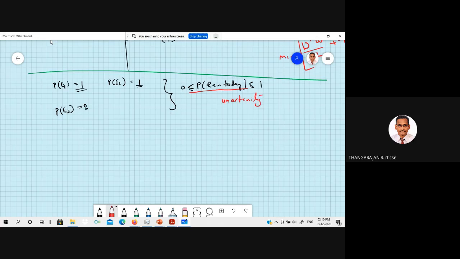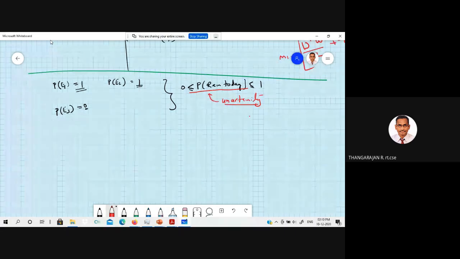We always talk about uncertainty. So how do you measure uncertainty? We measure uncertainty using probability. That's all. Probability is a measure of uncertainty. It's a value between 0 and 1, both inclusive.